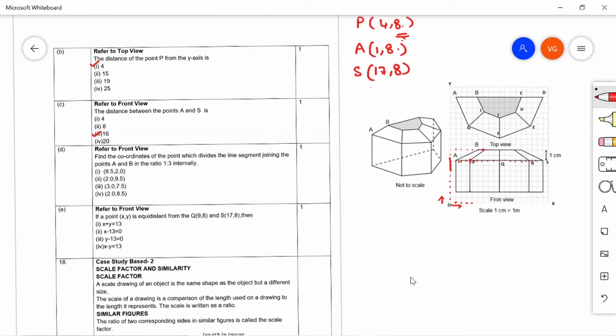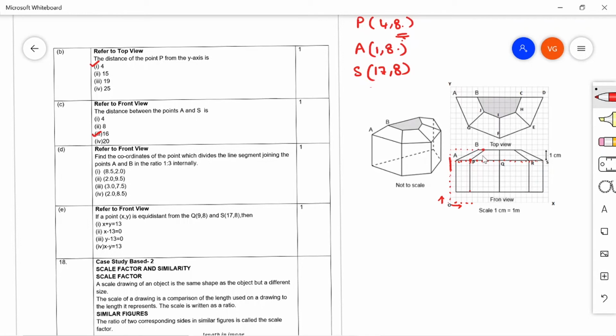Next, coming to the next question, D part. Refer to the front view. Find the coordinates of the point which divides the line segment joining the points A and B in the ratio 1:3 internally. First we have to find the coordinates of the points A and B from the graph. Already I found point A is 1, 8.